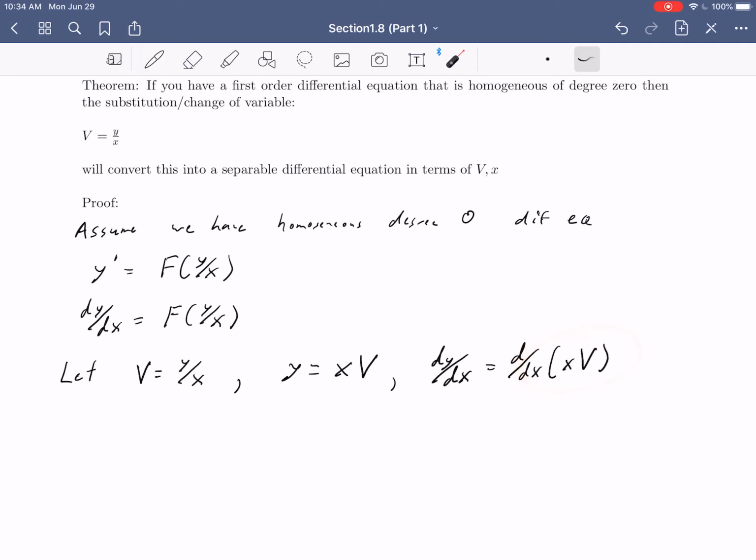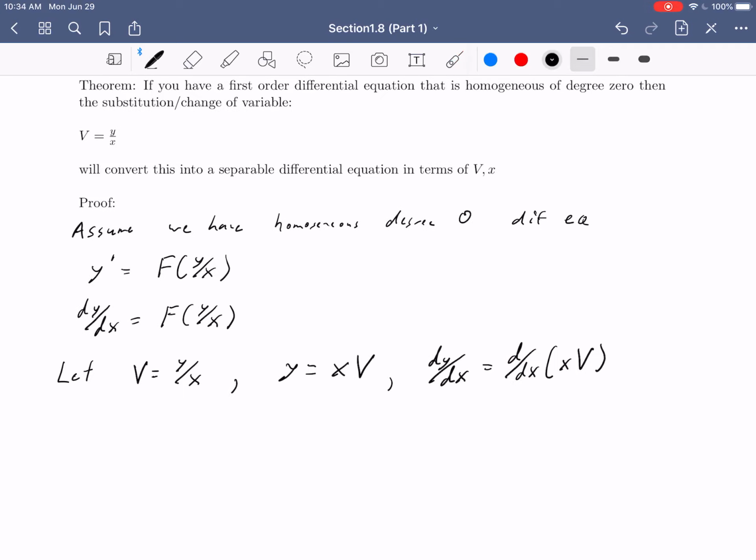Okay, so now we need to differentiate this right-hand side. So if we do that, well, this would be a product rule. So we take the derivative of x, that's going to just be 1. So we would get v plus, and then we leave the x alone, and we differentiate the v. We're treating v as the new dependent variable here. So we'd get x dv dx.